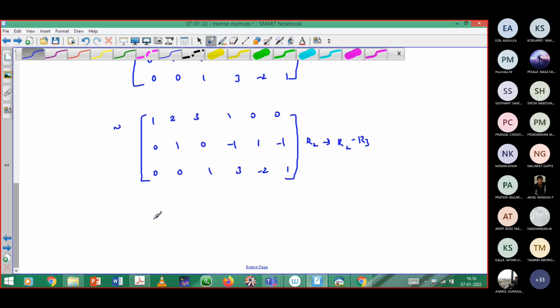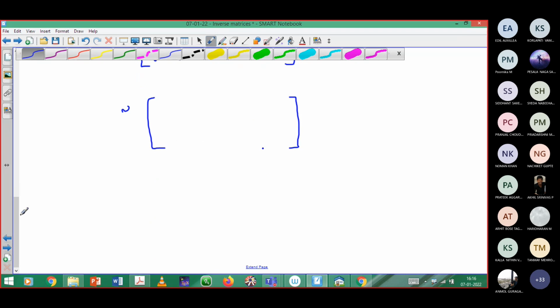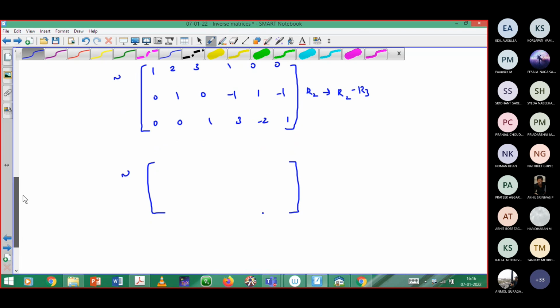Okay. So for the rest of the procedure, in R1, what rule can I apply? Anyone?